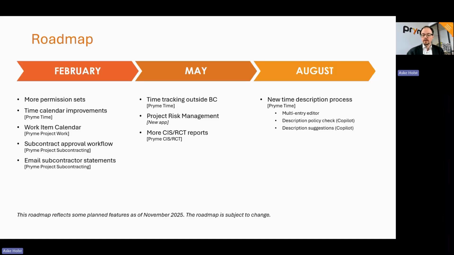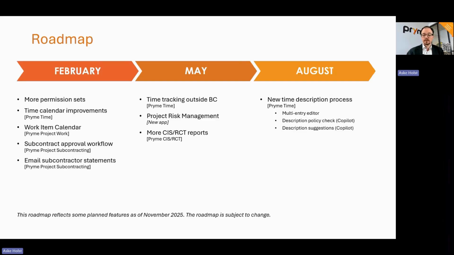And moving on to August, we don't have that much on the roadmap right now, but at least for Pryme Time, we will try to add some improvements for description of time. That is, of course, mostly for additional work where the description of the work performed is interesting, if it is time and material.